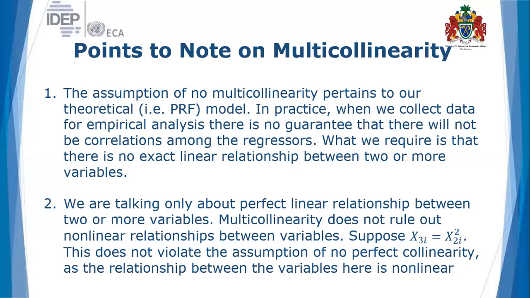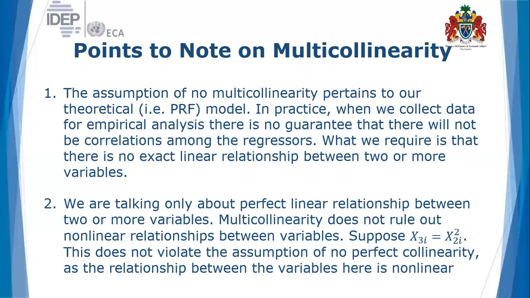We have to prove that there is no linear relationship. But while there may be no linear relationship, it's possible that there may be a nonlinear relationship existing between the variables. That is not the concern of multicollinearity.